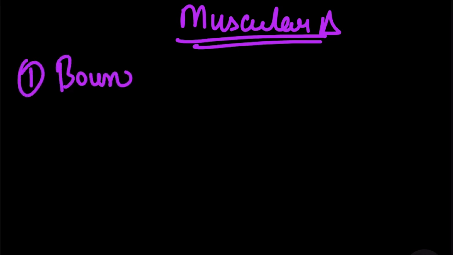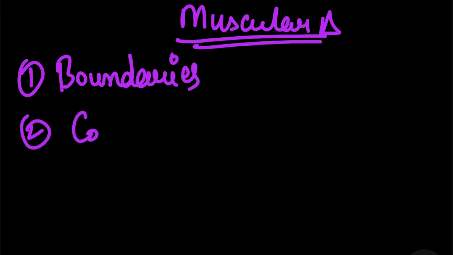So moving forward, in the muscular triangle, the things that are important for us to understand is first its boundaries, second its content.